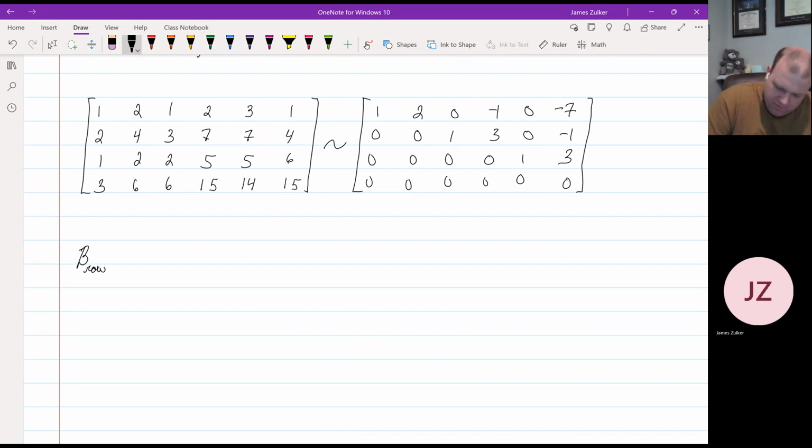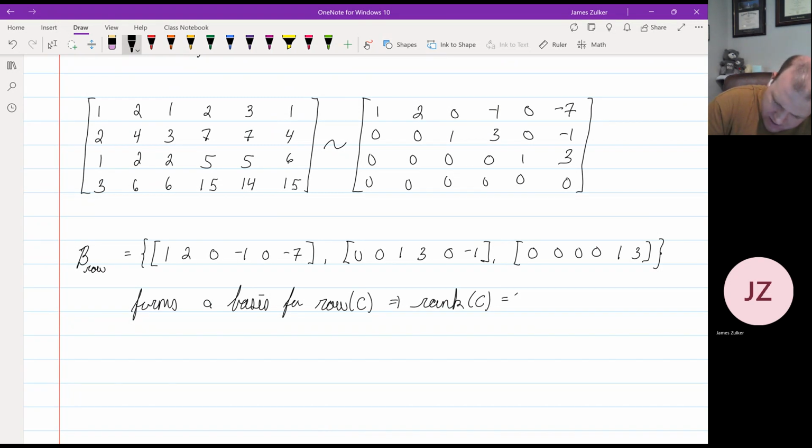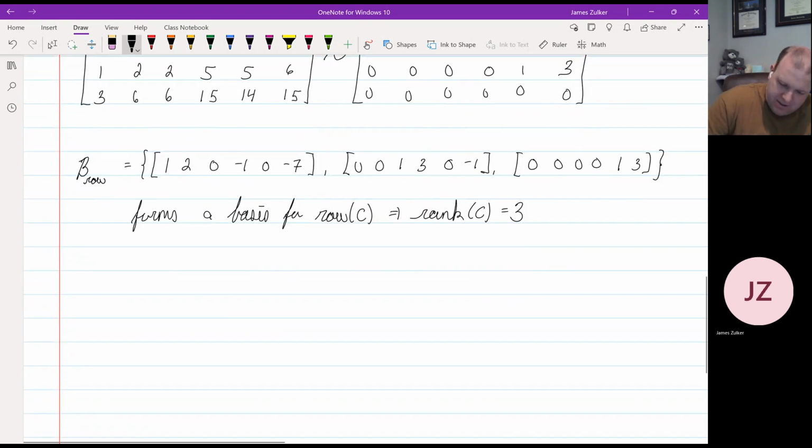Let's call this the basis for the row space: the first row, second row, and the third row. So this means that the rank of C is 3.